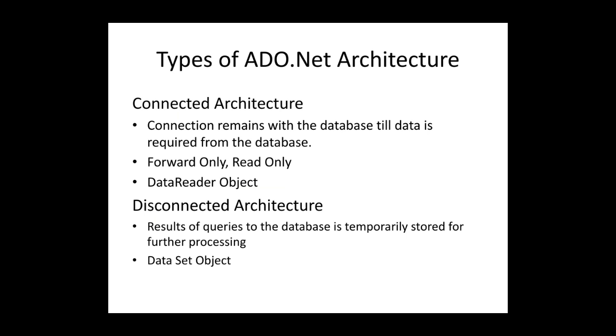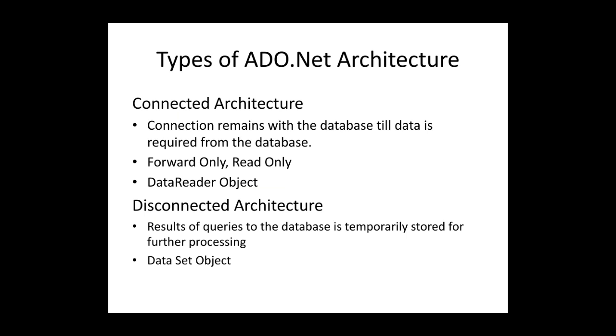Now the types of ADO.NET architecture. There are two types of ADO.NET architecture. One is connected architecture, second one is disconnected architecture. Connected architecture is also called as forward only and read only architecture, because we can only read the data and process that data, but we cannot modify the data in the database.